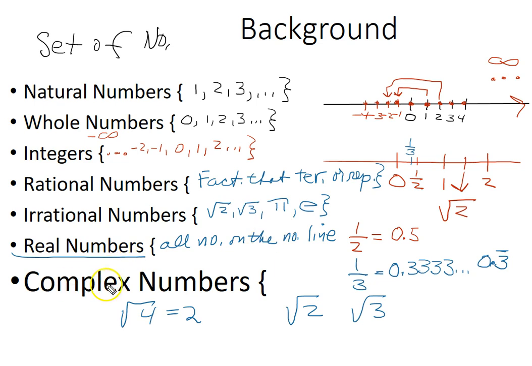Now, we get to our complex numbers, because we have been saying that the square root of -4 is not a real number. It's not on the number line. So let's go on and do some work with that.